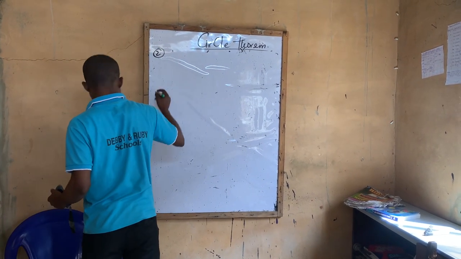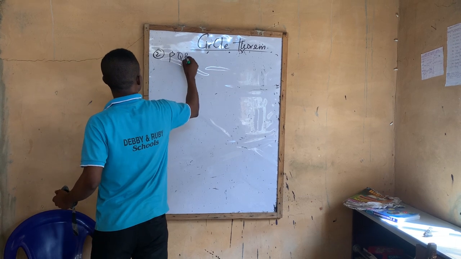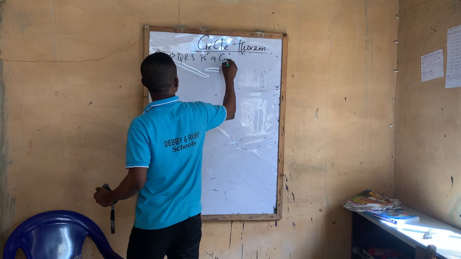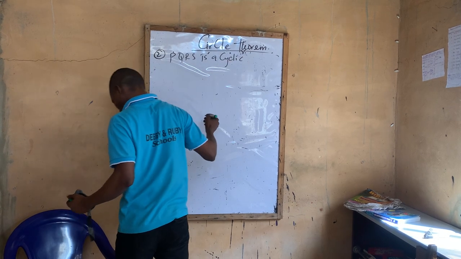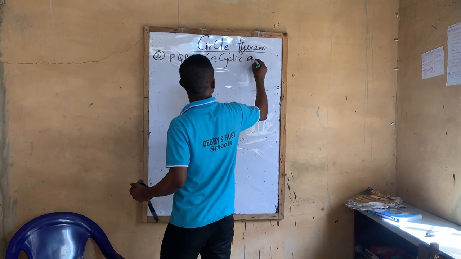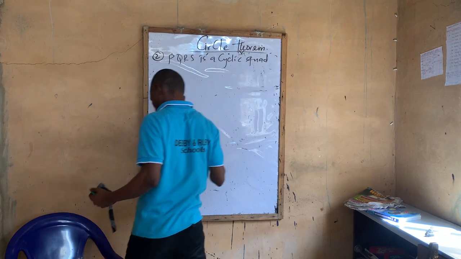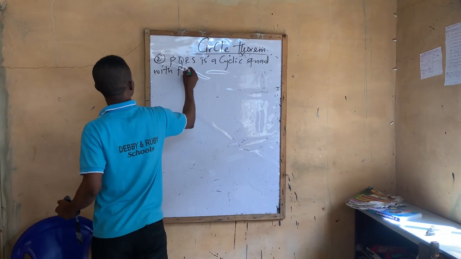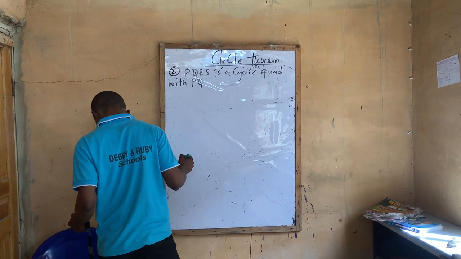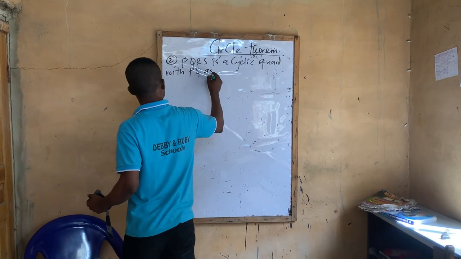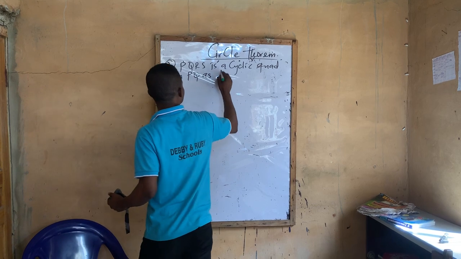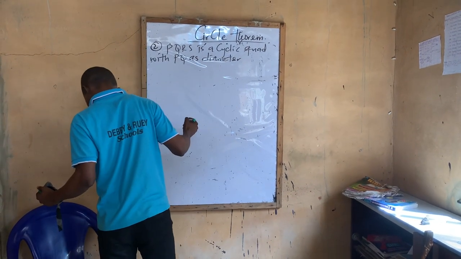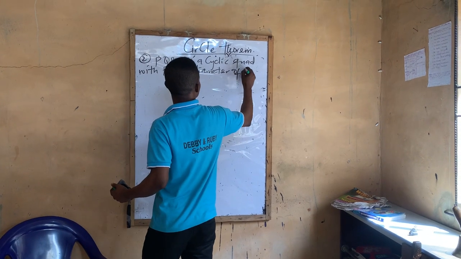It says PQRS is a cyclic quadrilateral with PQ as diameter of the circle.